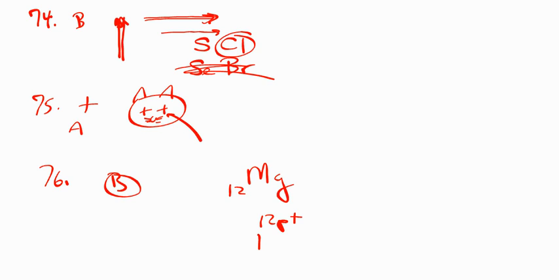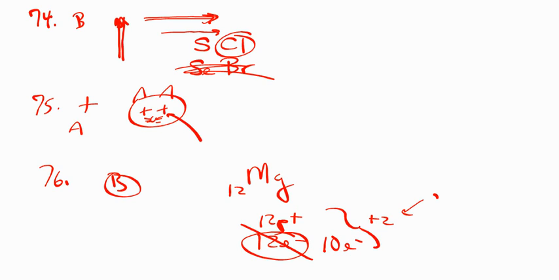It will lose electrons. So magnesium loses 2. It's down to 10 electrons. Overall, this has 2 extra positives, a +2 charge. That is a cation, and that is what a cation does. So 76, the answer is B.